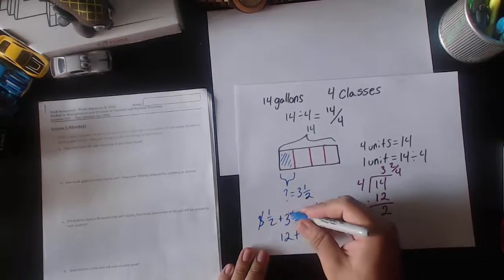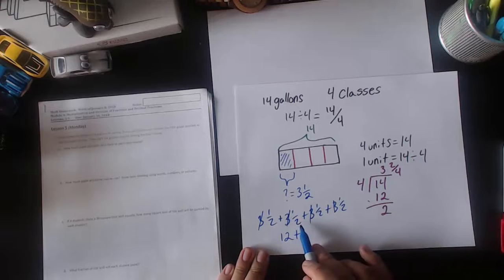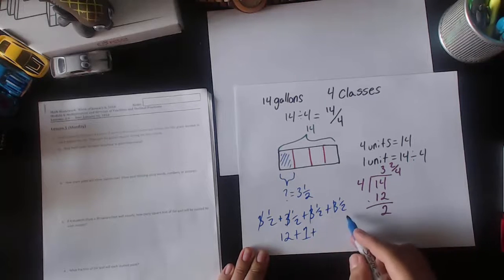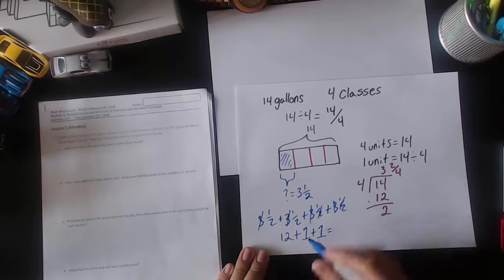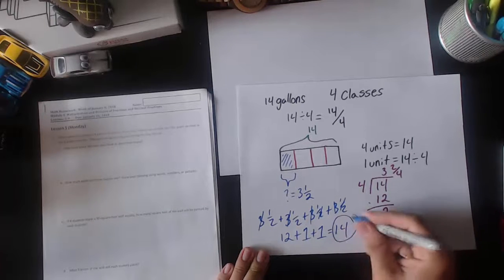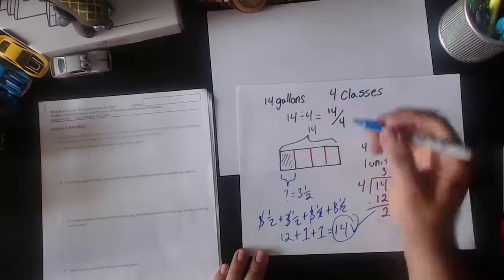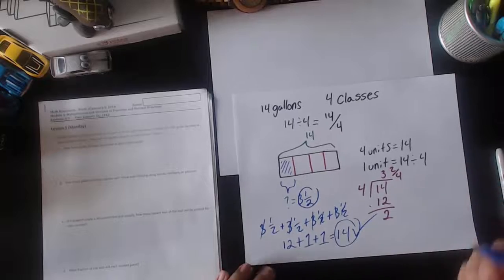And I have a half and a half, which makes a whole, and a half, which makes another whole. So now we have 12, 13, 14. That number adds up exactly to how many gallons we have, which means that 1 unit does equal 3.5 gallons.